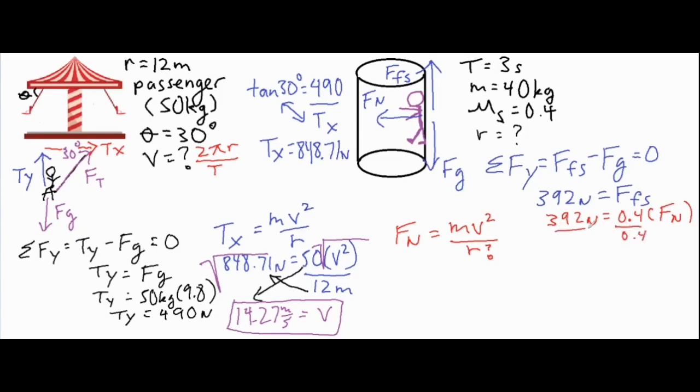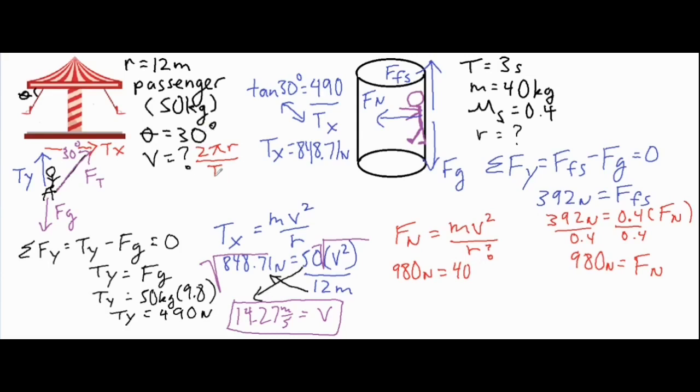And then I can do a quick calculation to solve for my normal force. And that comes out to 980 newtons. So now I know my centripetal force is 980 newtons. We have a mass of 40 from the original problem, and then that still leaves us with too many unknowns.